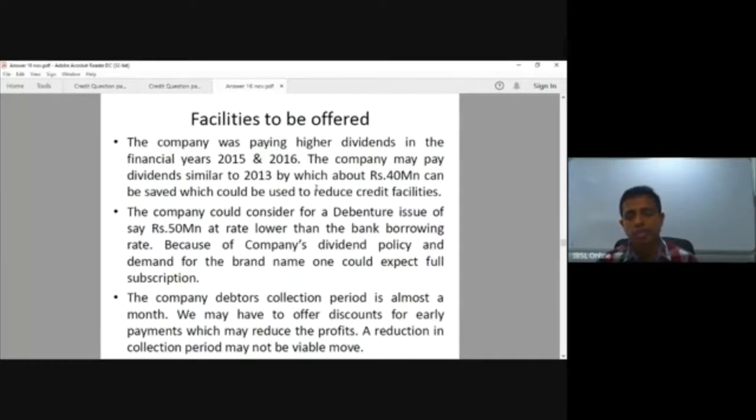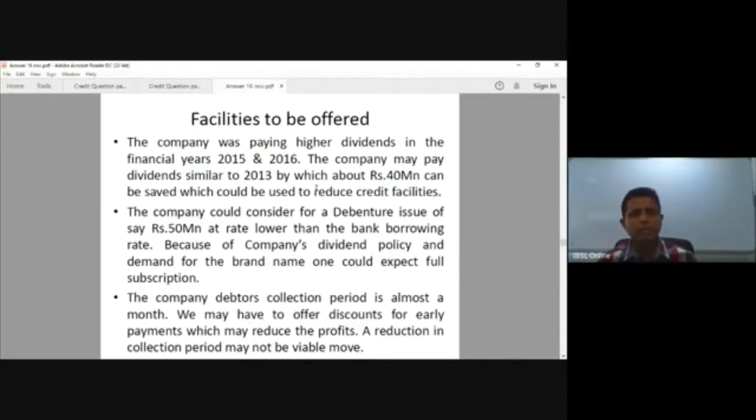Because when you are issuing debentures, there is a lot of administrative work. Compared to borrowing from a bank, the administrative work of a debenture issue is very high. Therefore, if the interest rate is lower in the bank borrowing case, you don't go for a debenture, right? Take that into account; that is the second point I am proposing.